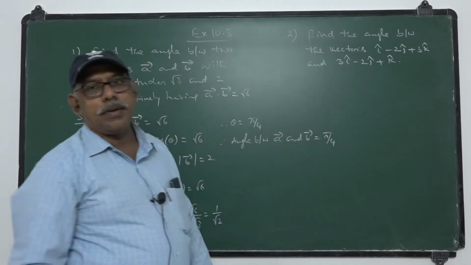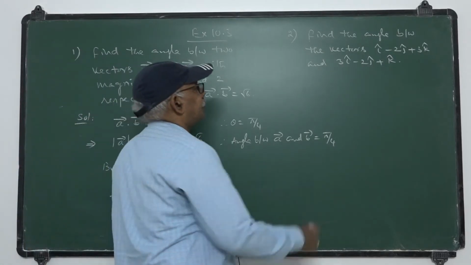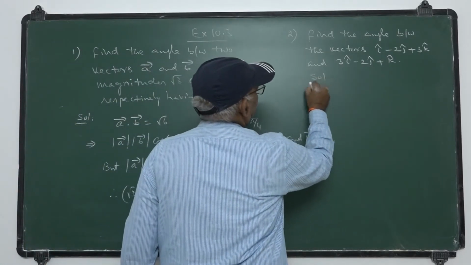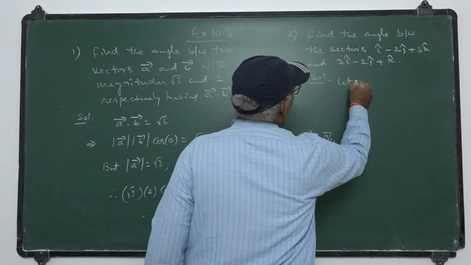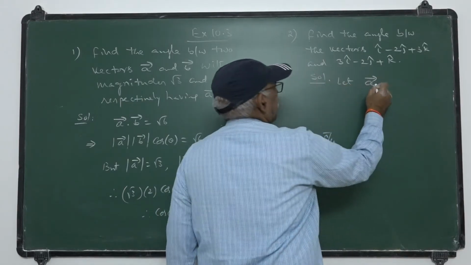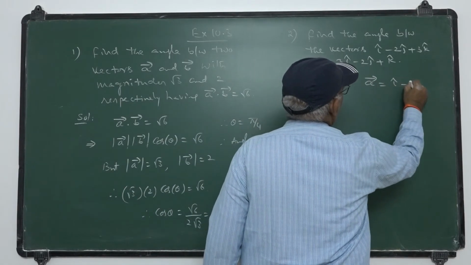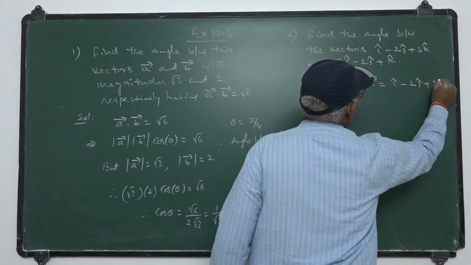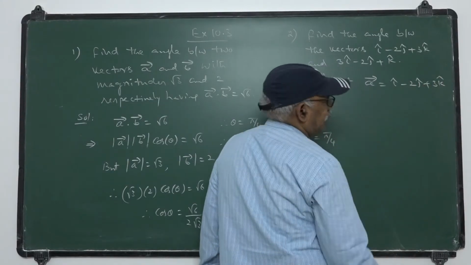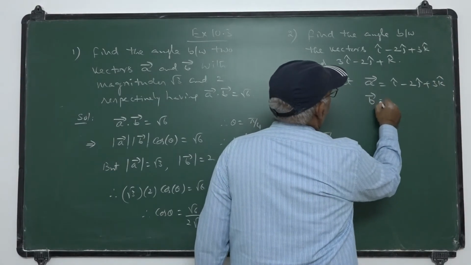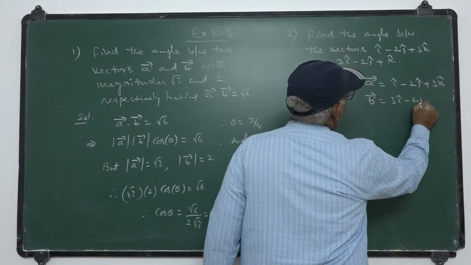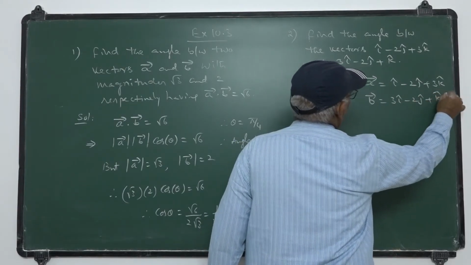Finding out the angle between the two given vectors. For this, let us consider the two vectors as A bar and B bar. A bar is i minus 2j plus 3k. B bar is 3i minus 2j plus k.